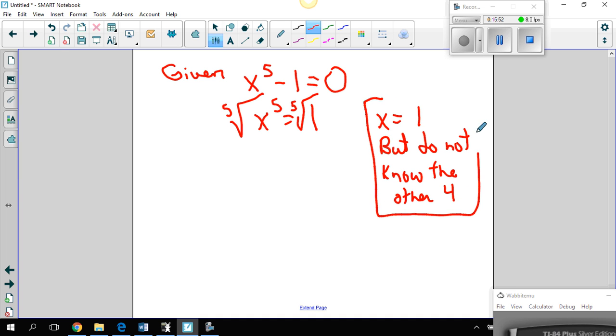So don't work here. Work in the complex. Take the 5th root in the complex world.